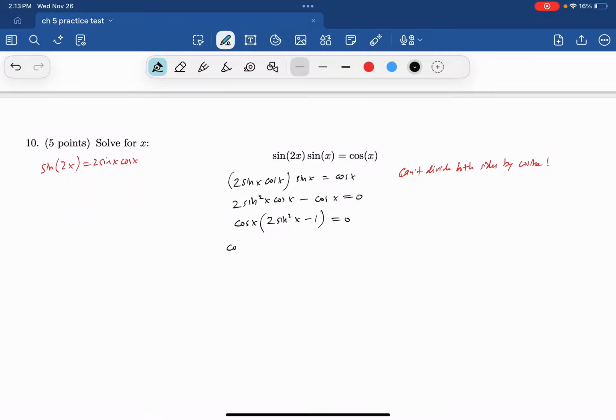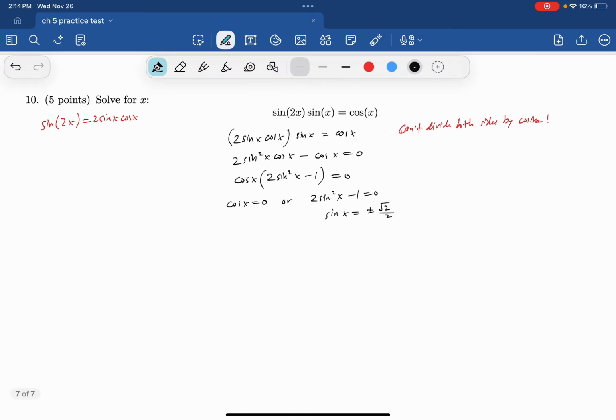So either cosine x equals 0, or 2 sine squared x minus 1 equals 0. But that means that sine x equals plus or minus root 2 over 2. Okay.